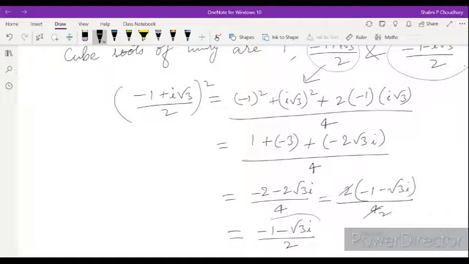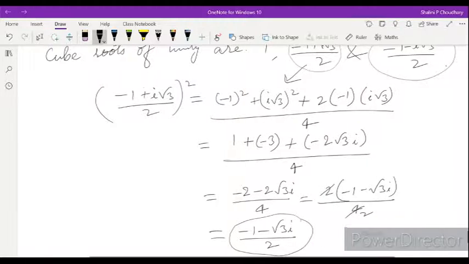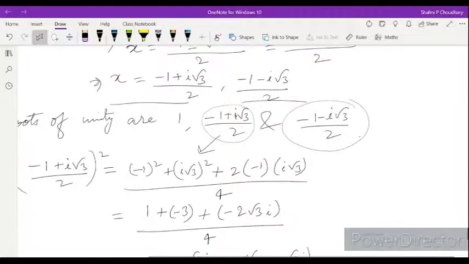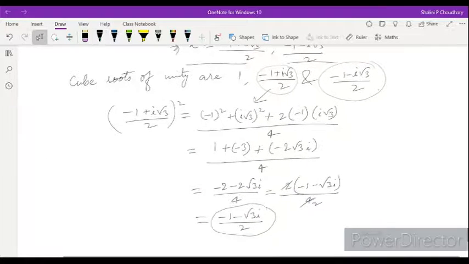So minus 1 minus root 3 i divided by 2. Now compare with minus 1 minus i root 3 divided by 2. We can see here that when we find the square of one root, we get the other root.